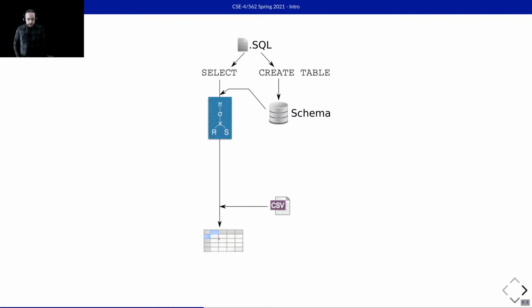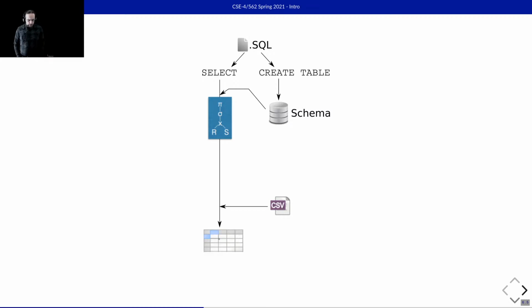Now, SQL is, as I've said, full of corner cases and hard to work with directly. So what most database systems do is they translate it to an internal representation that has fewer corner cases and is easier to work with. The one Spark uses, and the one we'll be talking about in this class, is called relational algebra.